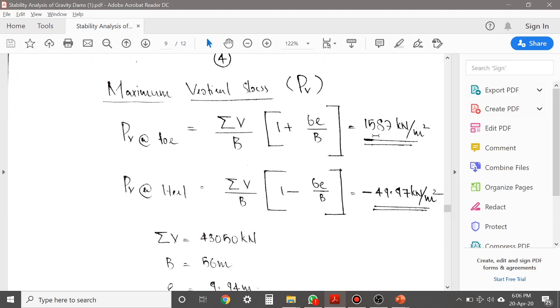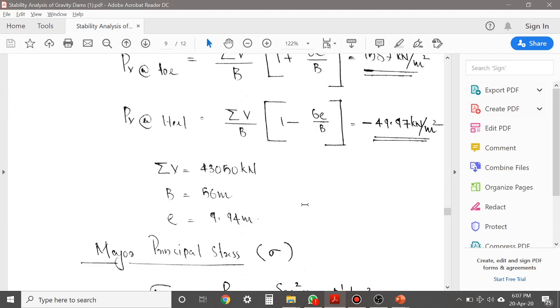Vertical stress at toe will be equal to 1587 kilonewton per m square. Since it is a stress value, the unit will be kilonewton per m square, and for heel it will be minus 49.97 kilonewton per m square. Slight variation in this calculation is okay. You'll be getting nearly these values.